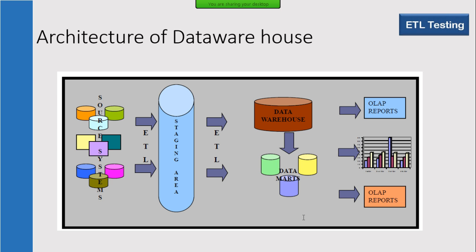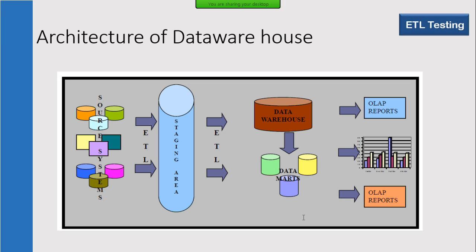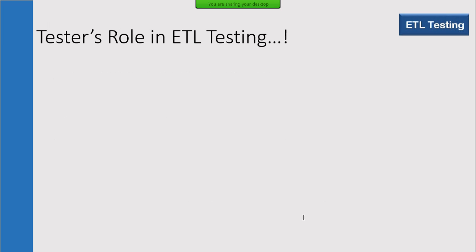That is what business intelligence is. Decision support is nothing but your business intelligence systems where you have your reports generated. These reports are useful for analysis of a particular business, and the managers access them to take their decisions.